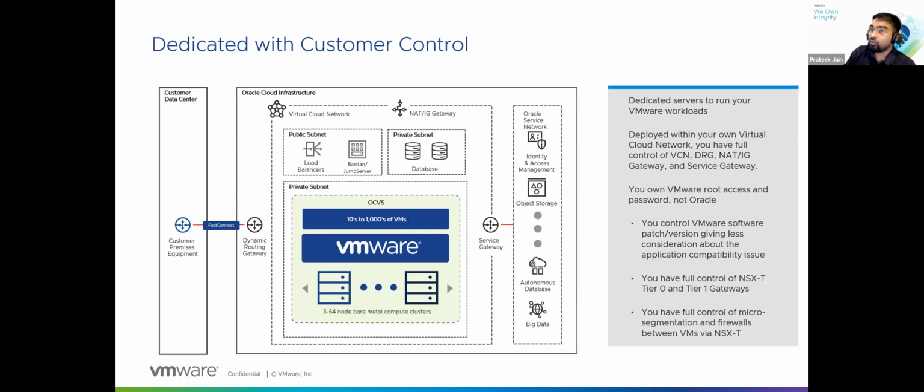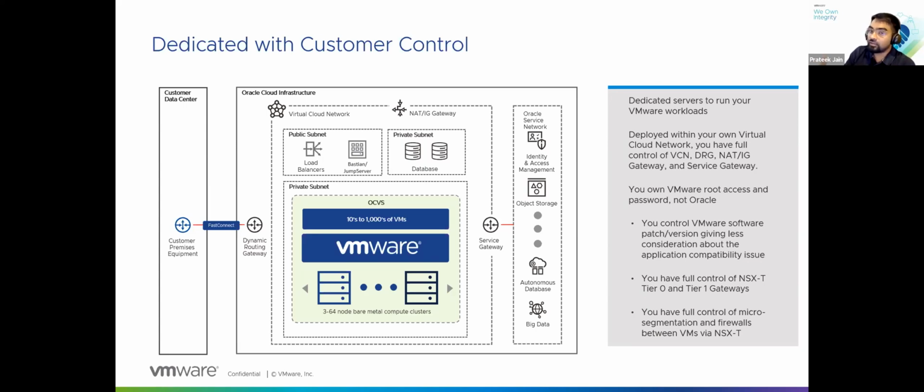You have your own virtual cloud network on which your OCVS SDDC is deployed, giving you full control of your VCN, the virtual cloud network, including the distributed router, which handles transmitting your traffic from OCVS to the outside or to any other OCI native services.